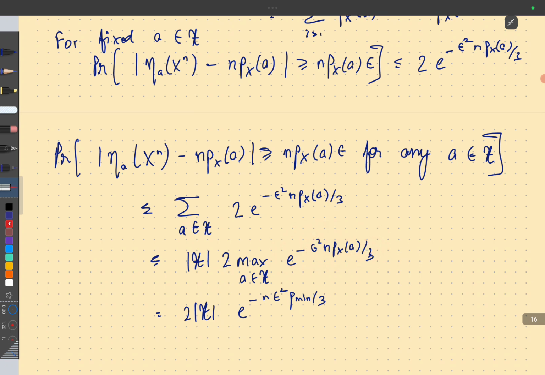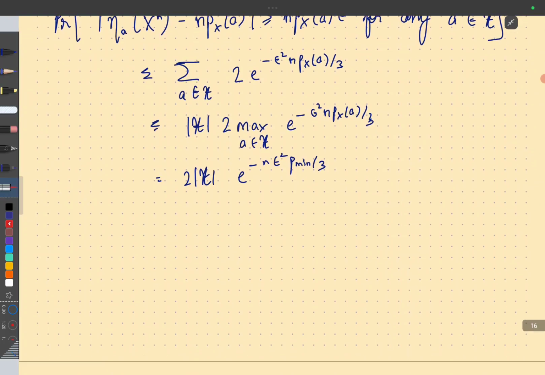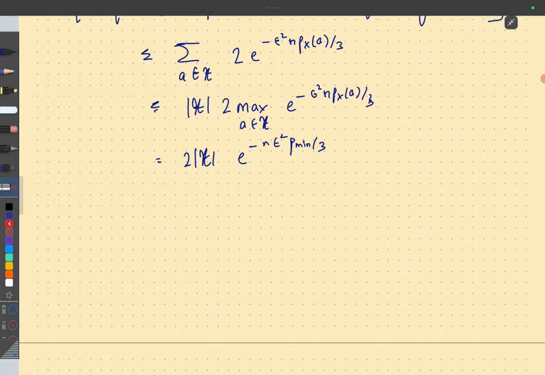Any questions so far? Okay. So this basically tells you that if you see a sequence of IID trials, then the empirical frequency of every symbol is going to be close to its expected value. It's equal to its probability with an overwhelming probability, right?